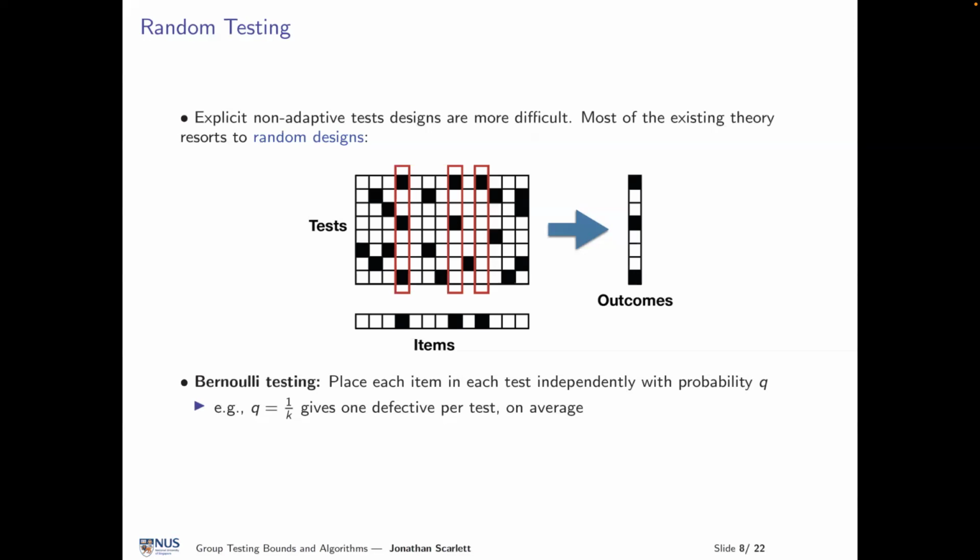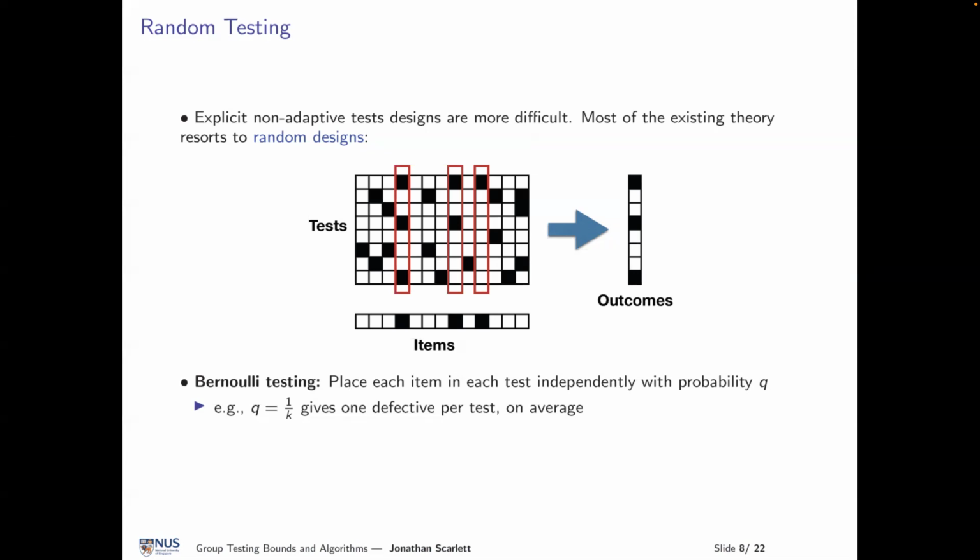Anyone that's done randomized algorithms or information theory will probably pretty quickly think of randomized approaches. It turns out it's actually a very good design to just randomly choose who's in each test. The simplest way would be IID, just generate all these matrix elements IID. So you just randomly say who's in each test and who's not.